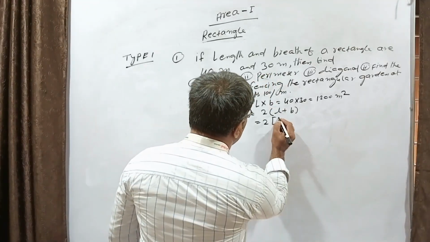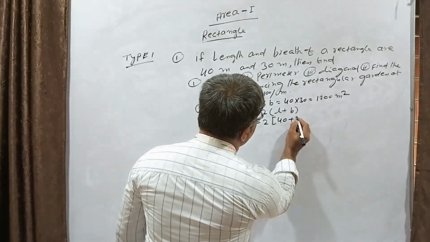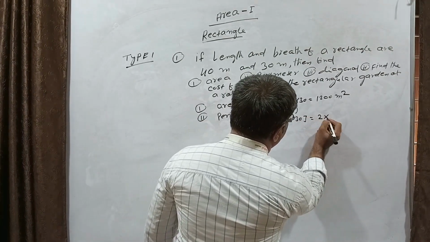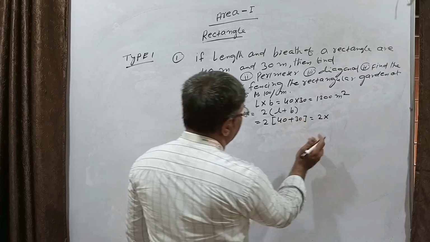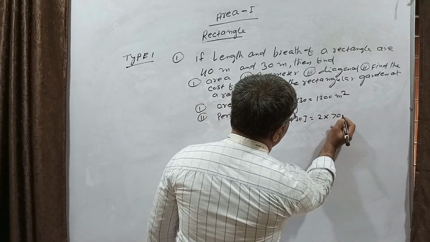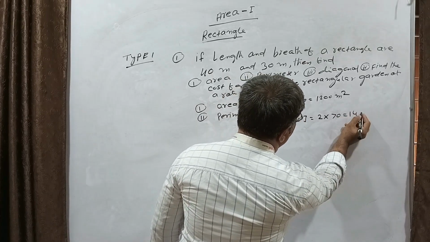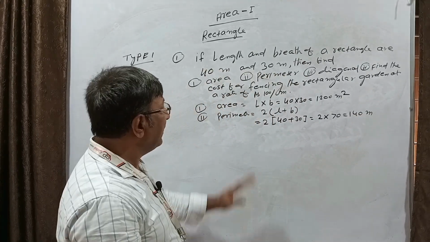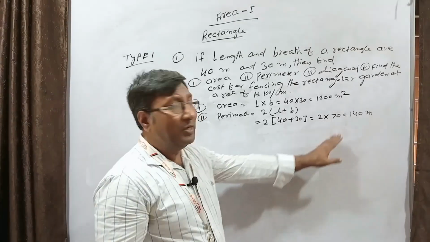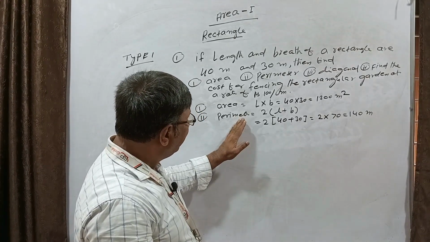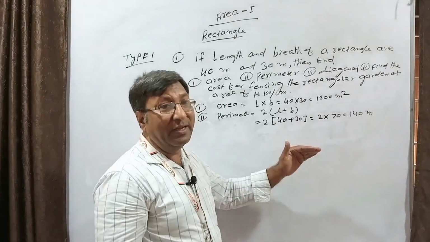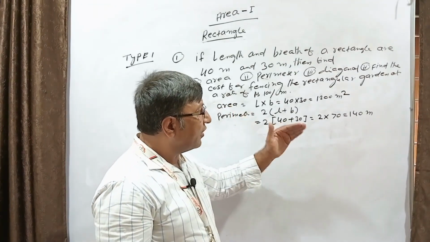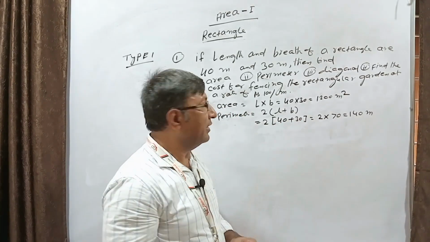So 2 into 40 plus 30. 40 plus 30 is 70, and 70 into 2 is 140. So our correct answer is 140 meter. The unit of perimeter is always meter or centimeter only.